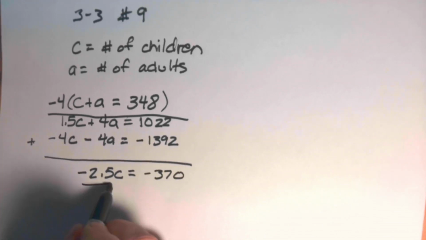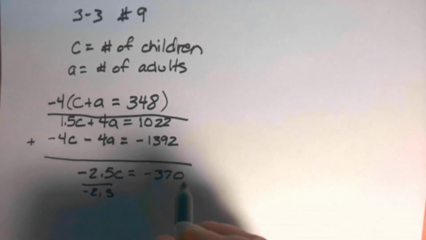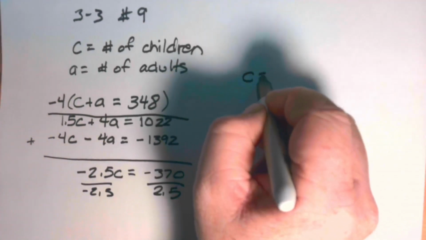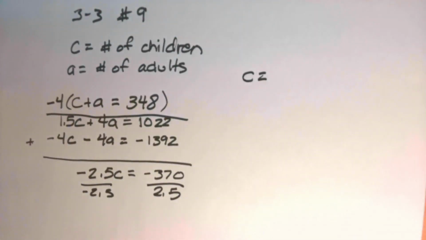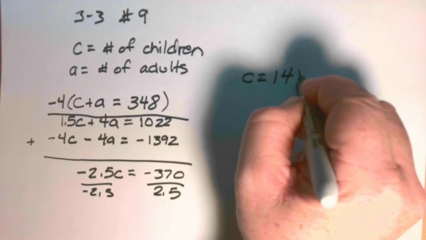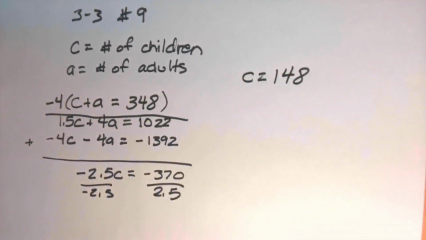And so if I divide both sides by negative 2.5, I get c is equal to 148. So that represents the number of children that came through that day.